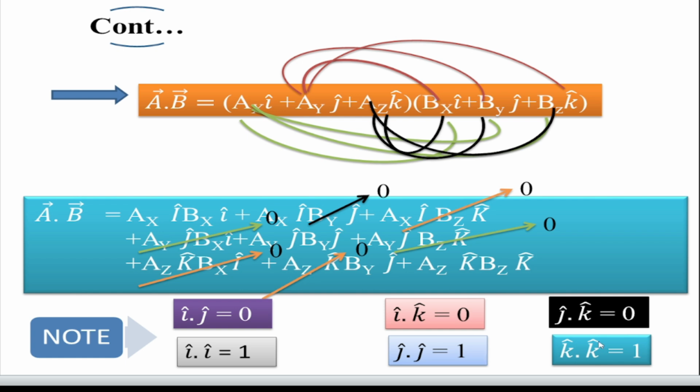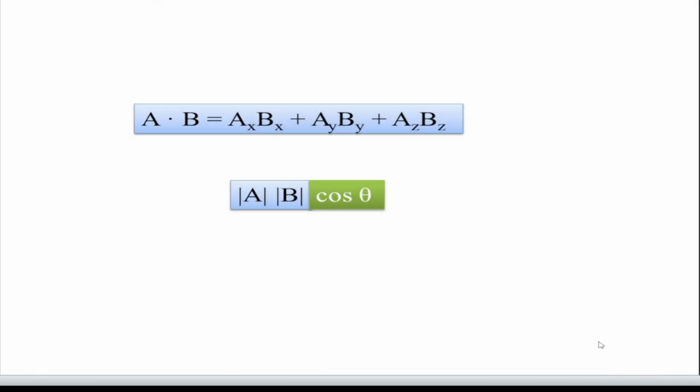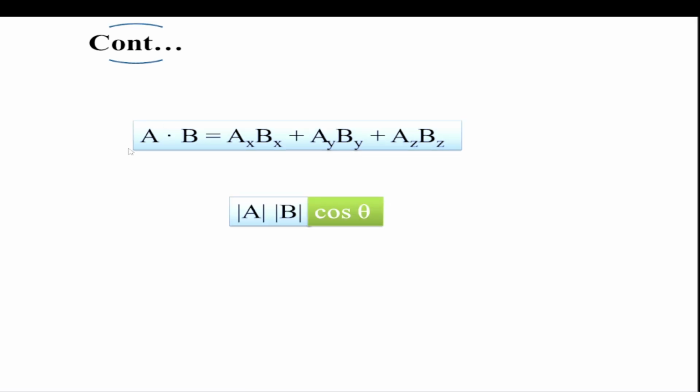Great. And hence we will have the following result. Vector A dot vector B becomes ax bx plus ay by plus az bz. Why?